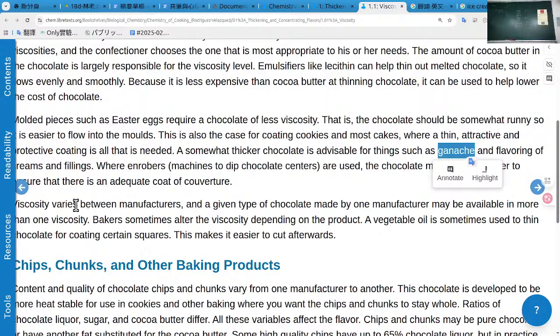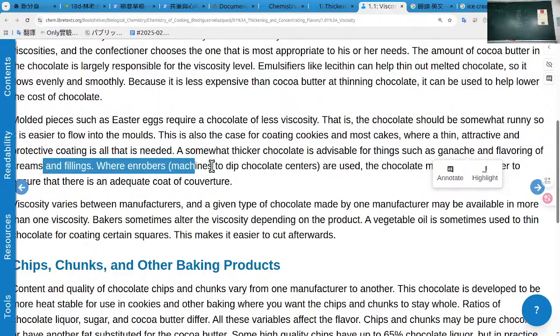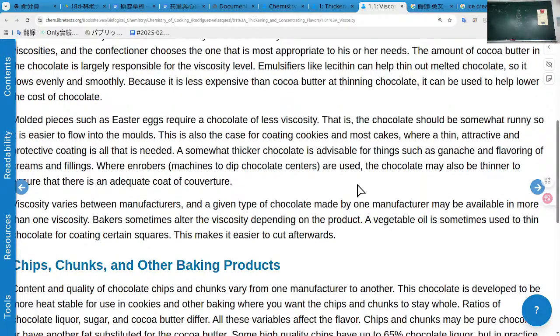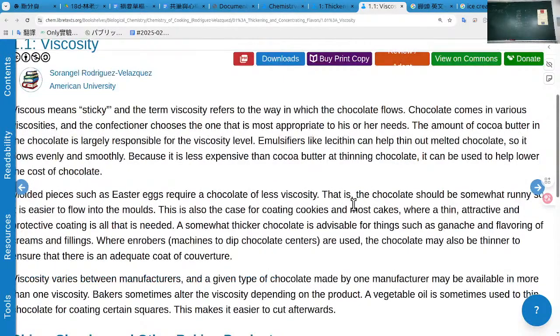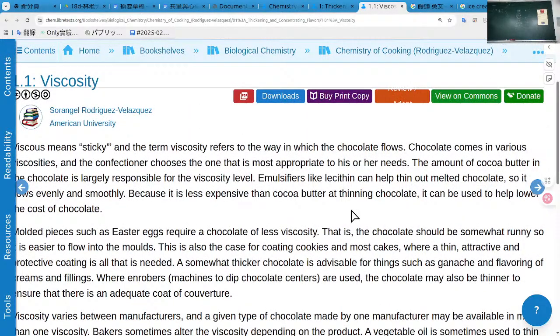And flavoring of creams and fillings, and where enrobing machines dip chocolate centers. Okay, let me give a short answer on this one. Why is viscosity important? If we drink water, we don't expect it to be viscous because water flows easily.